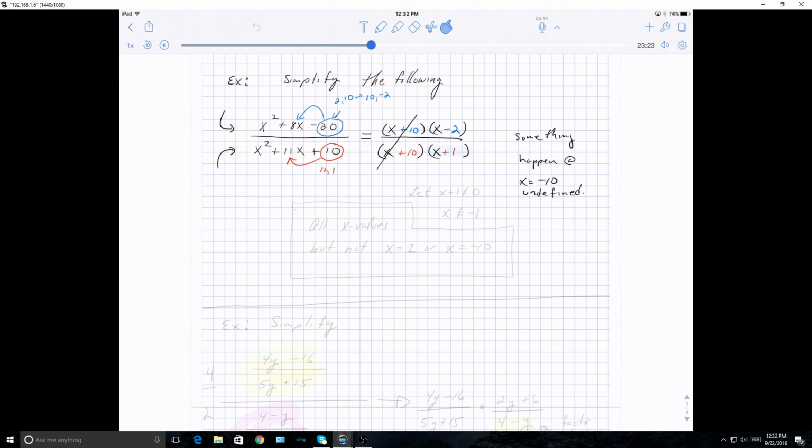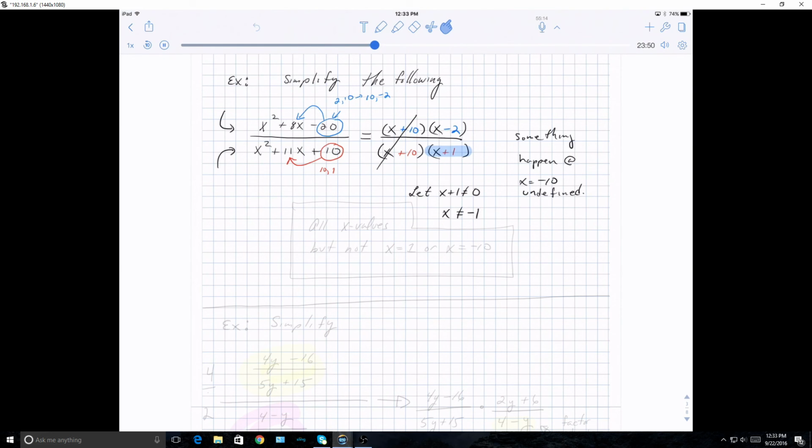But we also know something else about this factor right there. If we let x plus 1 not be equal to 0, then it's clear to see that x cannot be equal to negative 1 either.